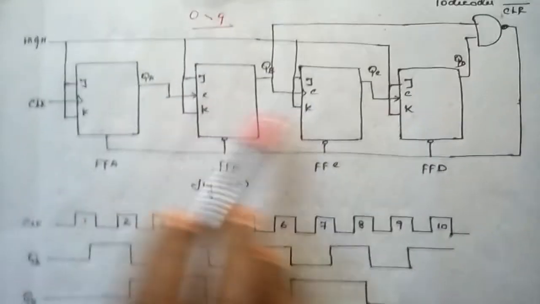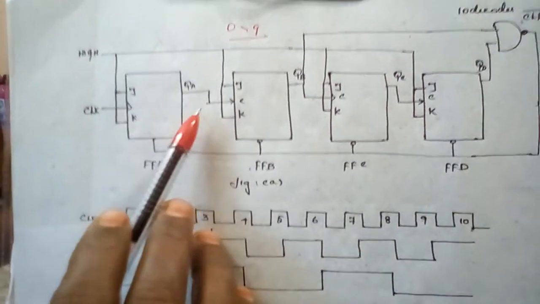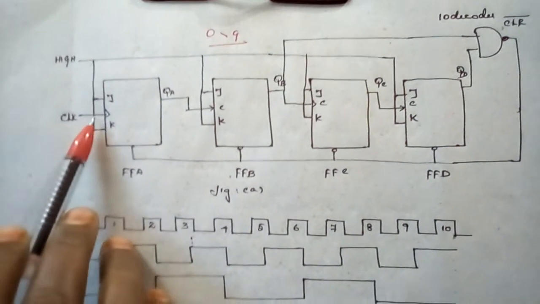Similarly, in all the 4 flip-flops, the J and K inputs are high, so they toggle. The clock input is provided to the first flip-flop.